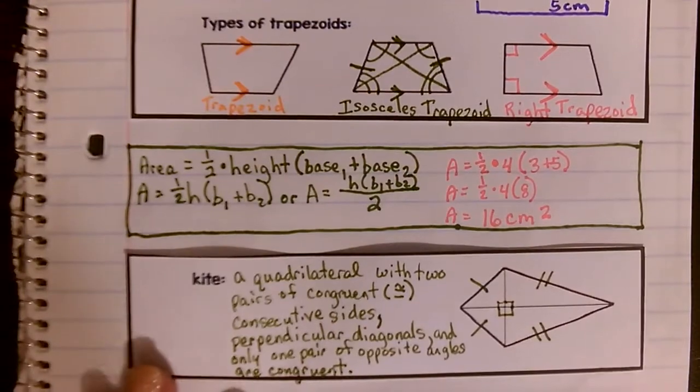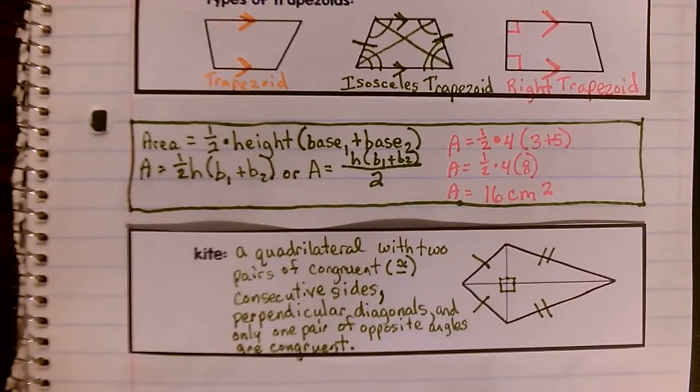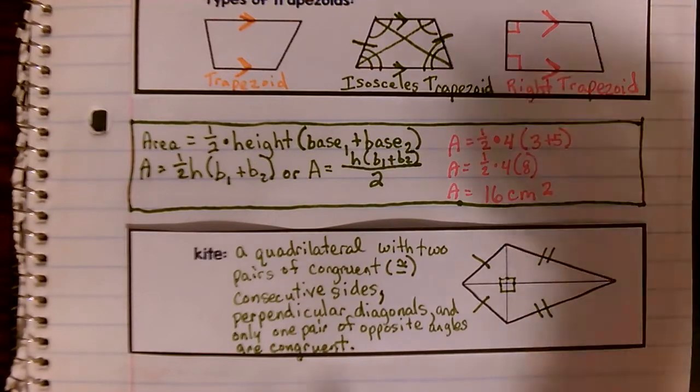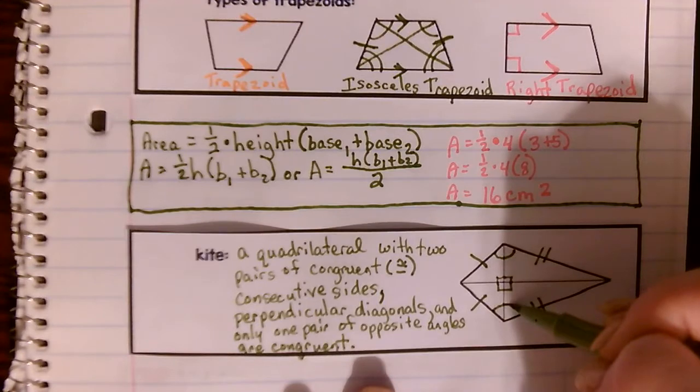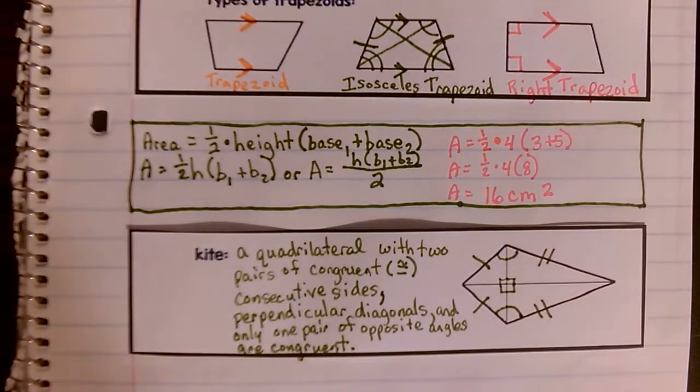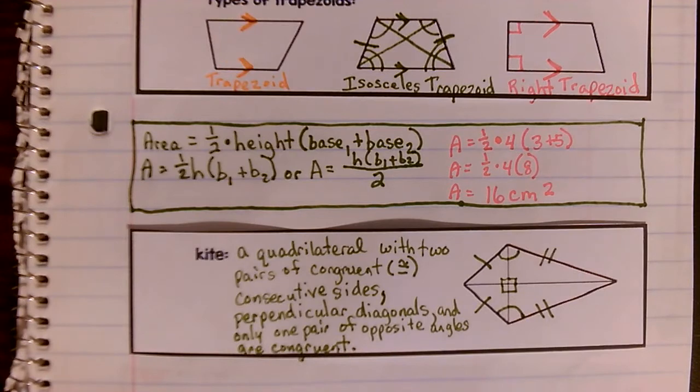Okay? Now, what that means is this. This angle here has the same measure as this angle here. All right? And the next thing we're going to do is we're going to talk about a formula and solve some things. But let's go up here to my kite and let's label some measurements, okay?